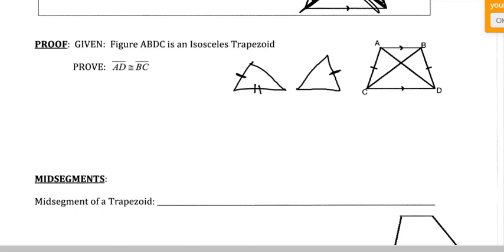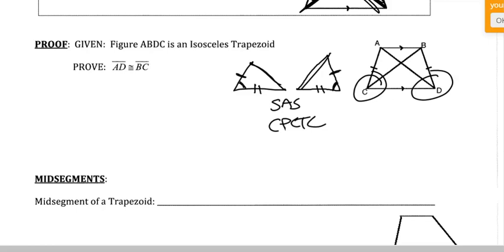By the reflexive property, these are congruent. And what do we know about the base angles of an isosceles trapezoid? They're congruent, so that must be congruent to that. So why are these two triangles congruent? SAS. And after SAS, how do we know that this is congruent to that? CPCTC.